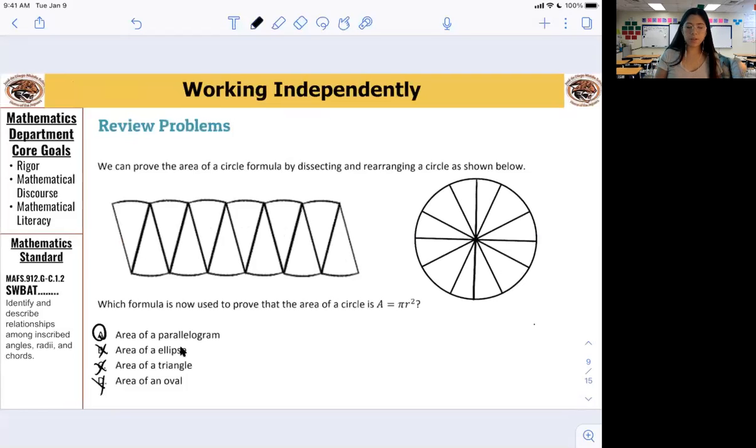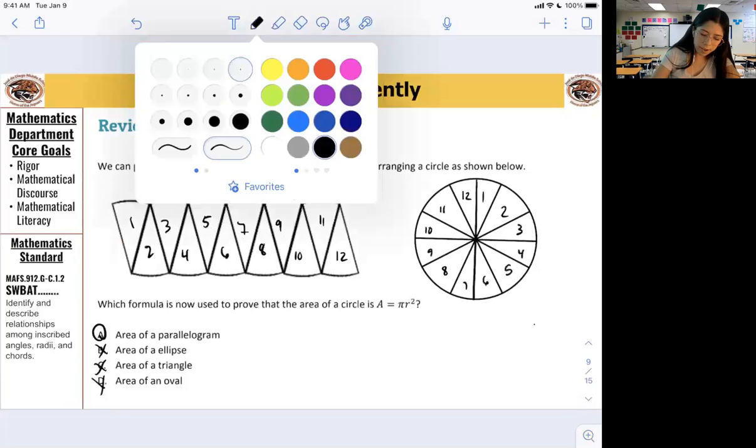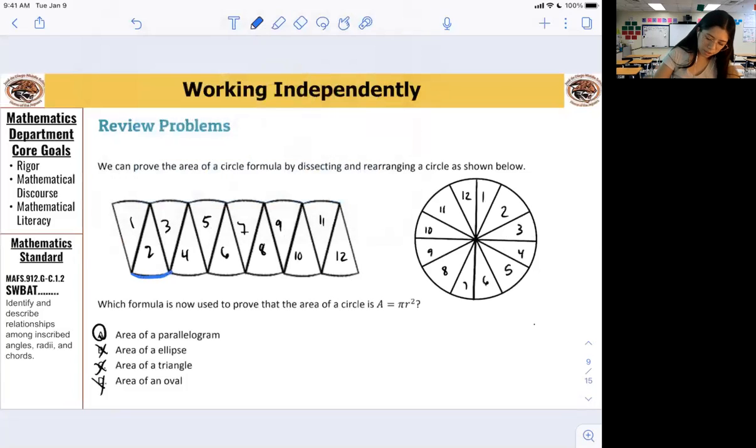Awesome. So let's say I took all these slices and I arranged them in this way. So let me label them again. Okay. And I have this bottom section.